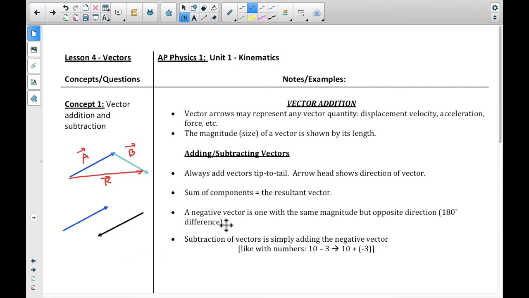And when we subtract vectors, I'm going to go back and say that this is, for instance, vector C. Well, then this is negative vector C, all right? When we add or subtract vectors, we typically add them, but sometimes we do subtract them, and if we subtract them, it's like adding the negative, just like when we have numbers. And we'll look at a couple of examples of that.